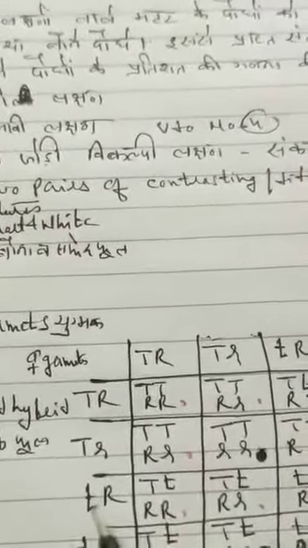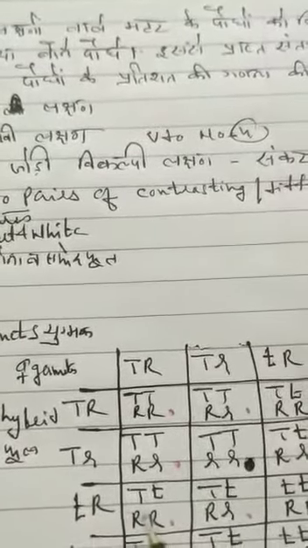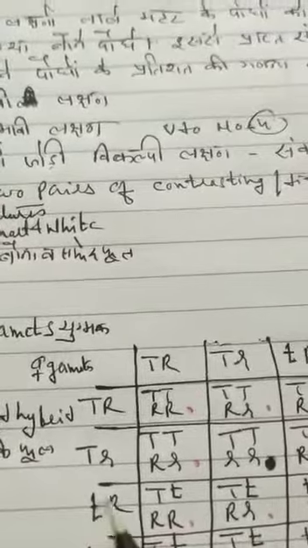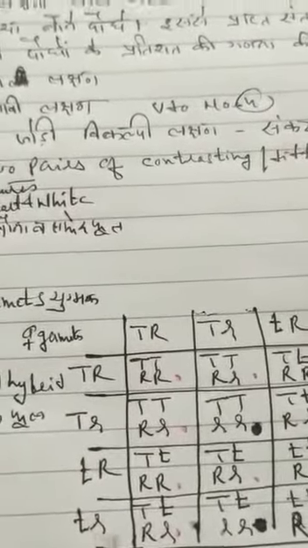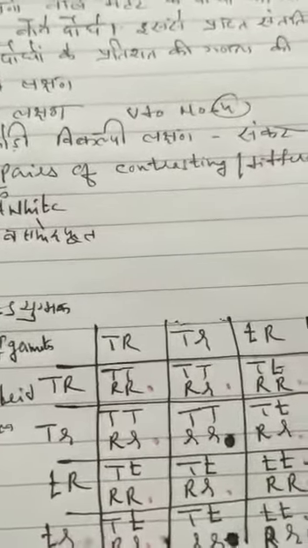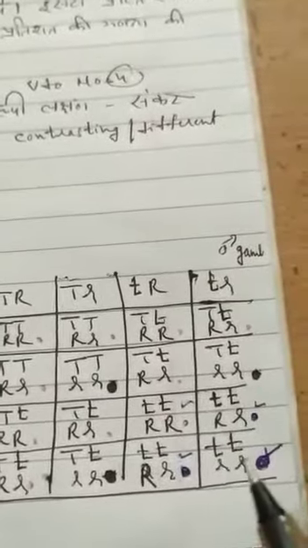And when small t with capital R, or small t with capital R and small r are present, they will show the dwarf and red colored flower plant.